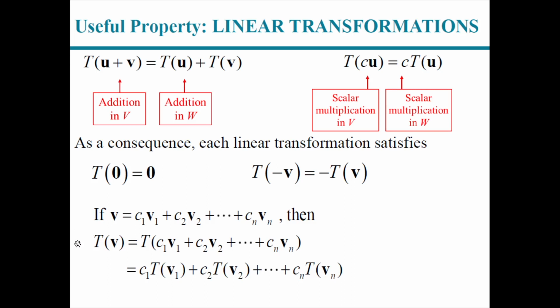Also, one useful consequence is that if v is expressed as a linear combination of v1, v2, up to vn, then the image of v is also a linear combination of the images of those vectors. So this will be very useful as a property.